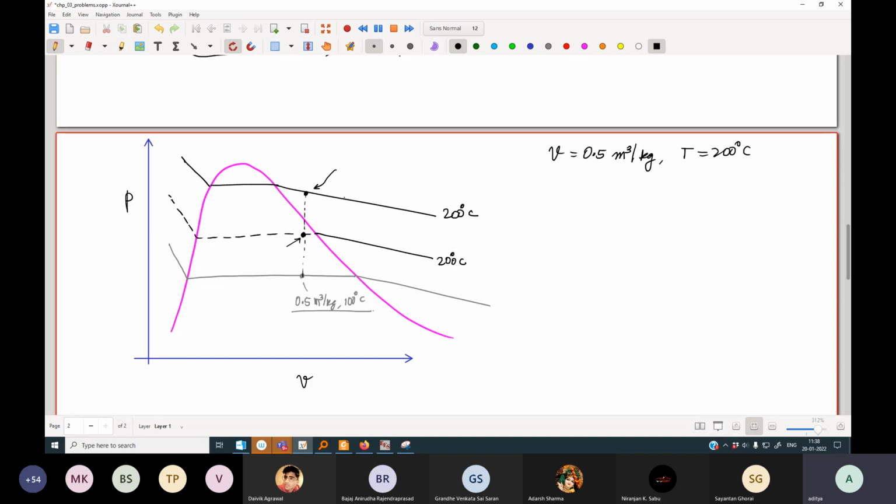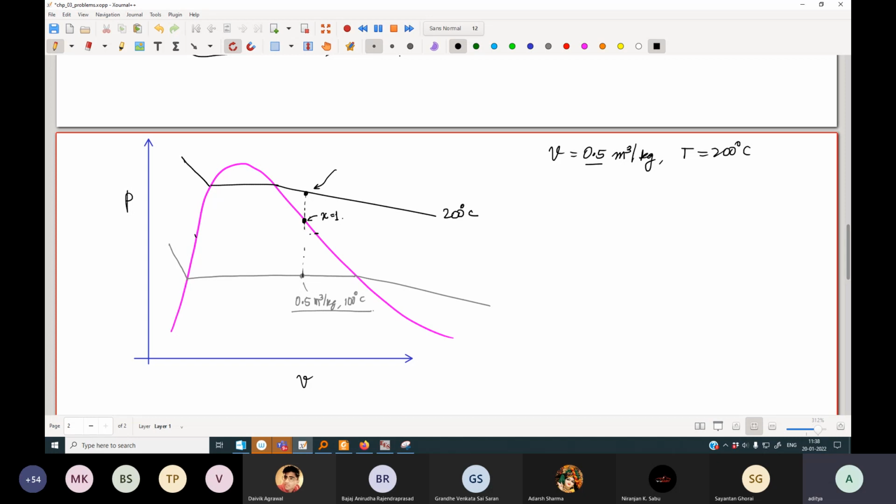Let me erase this and show you an easier way of figuring it out. Let us find out the temperature which corresponds to a specific volume of 0.5 meter cube per kg and x equal to 1.